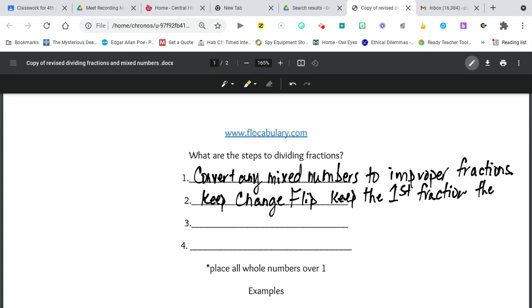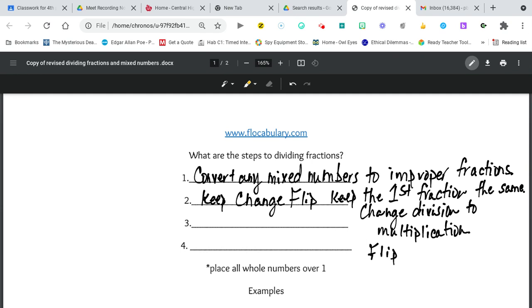You're going to keep it the same. And then you're going to change division to multiplication. And you're going to flip the second fraction.